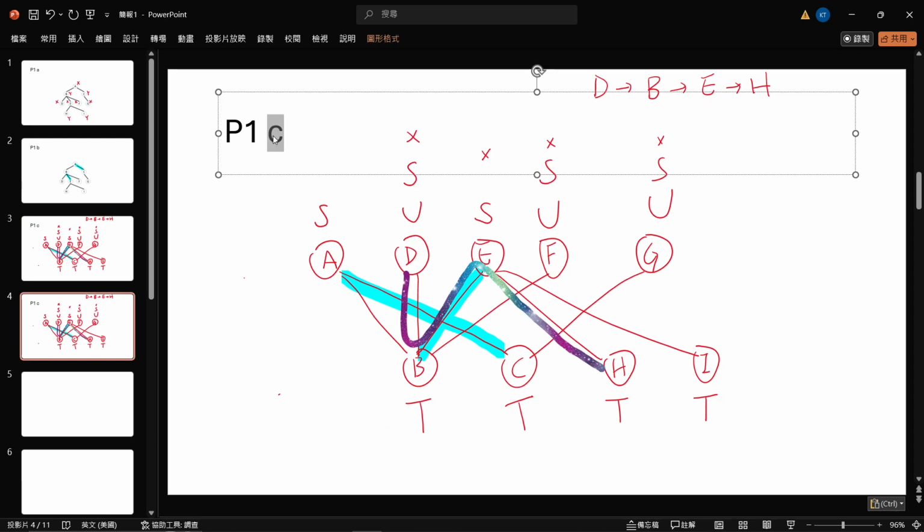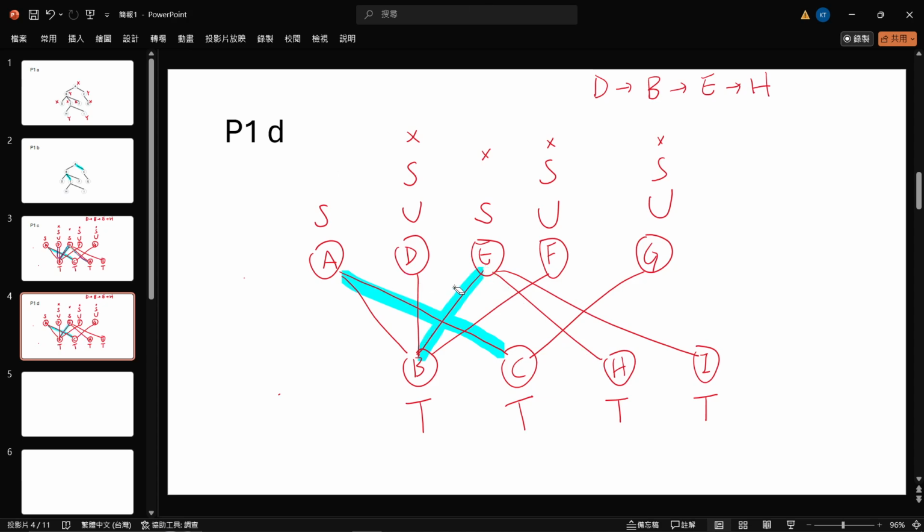Next we can use this augmenting path to find a larger matching.